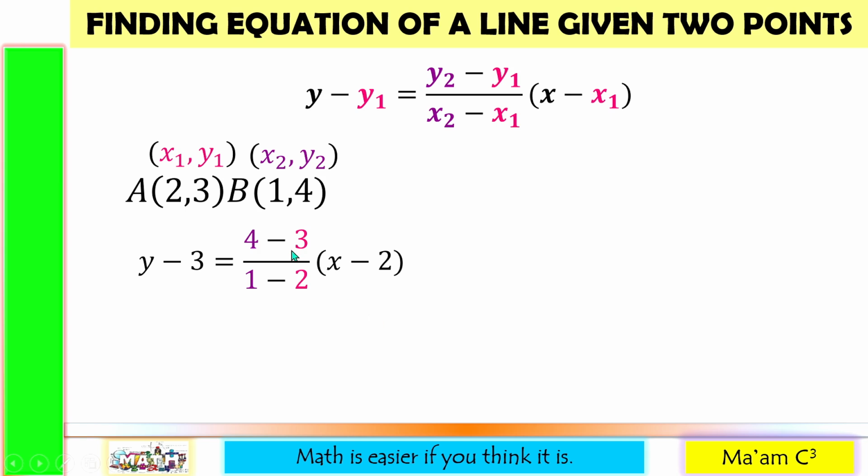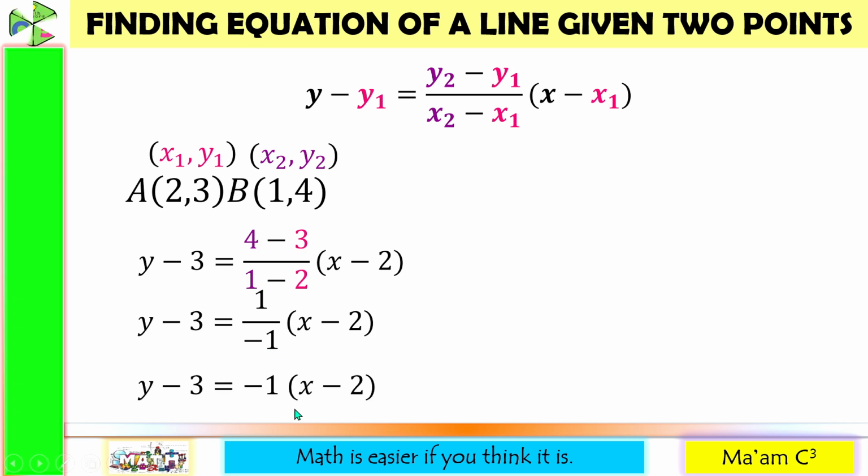Now let us simplify. 4 minus 3 is 1. 1 minus 2 is negative 1. Simplifying further, 1 divided by negative 1 is negative 1.